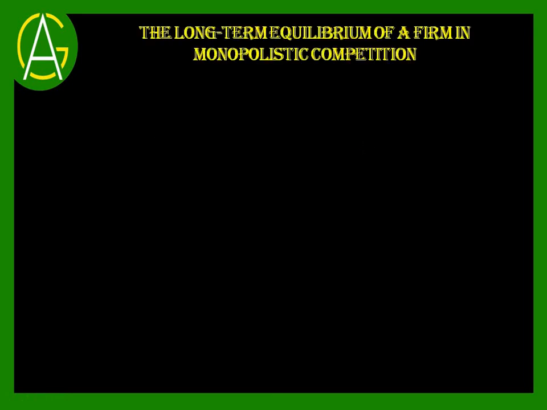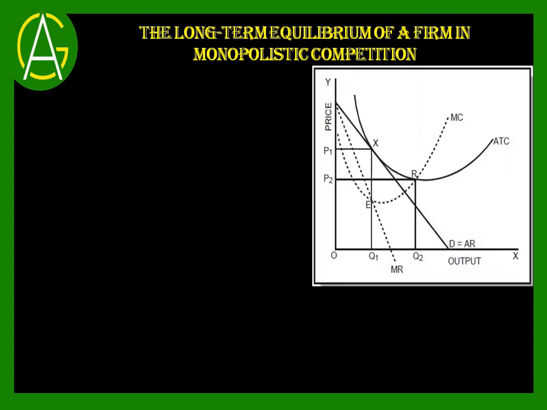Now the long run equilibrium. As we know that the perfect competition firm is the only firm which can produce at the minimum point of long run average cost curve. It means that the firm under perfect competition is only an ideal firm because it can make full utilization of its resources.